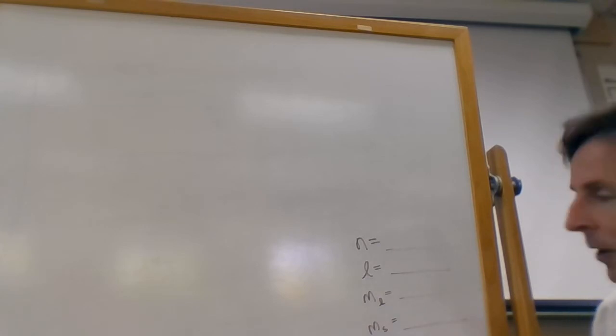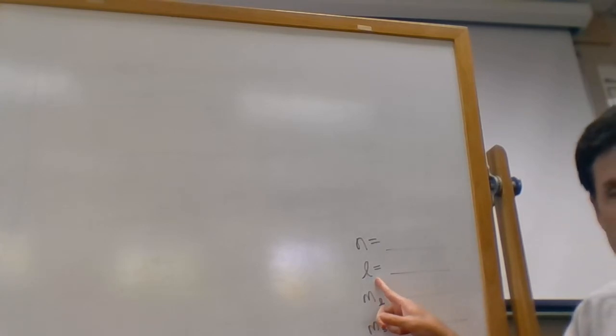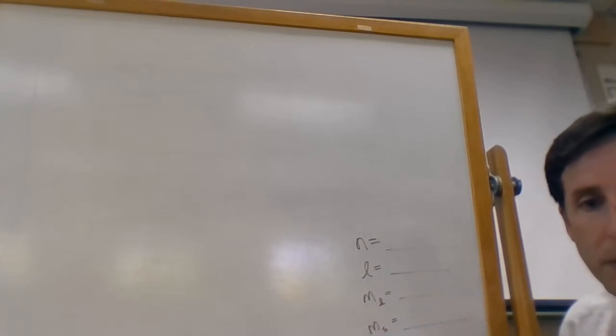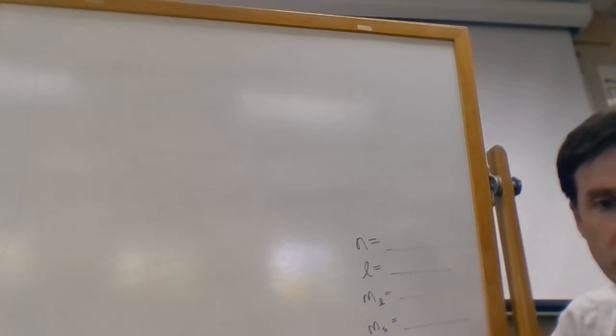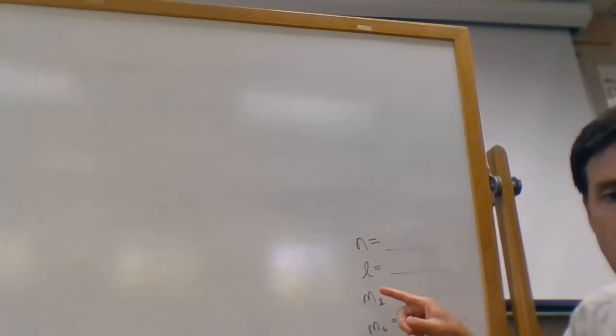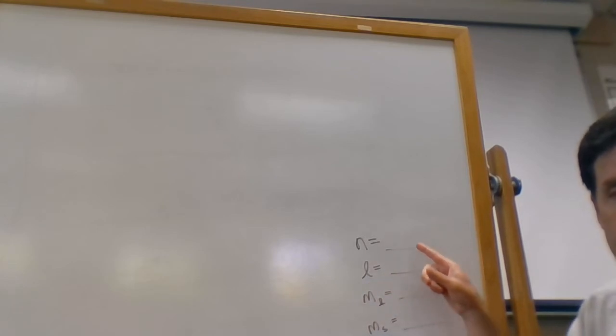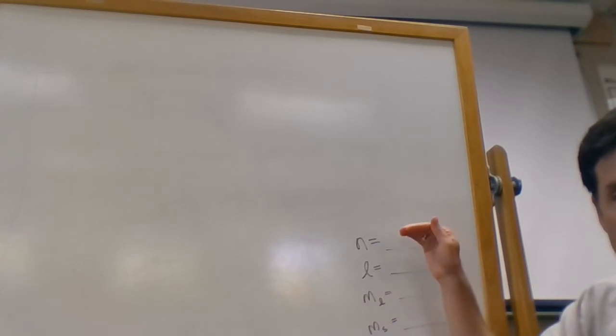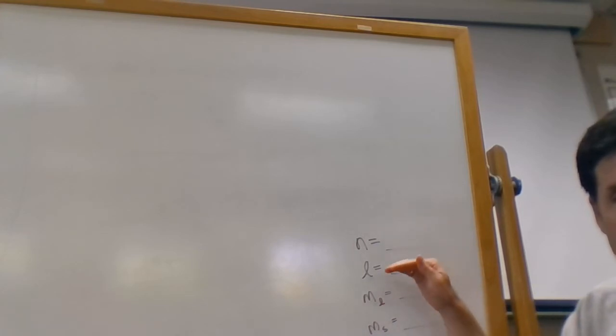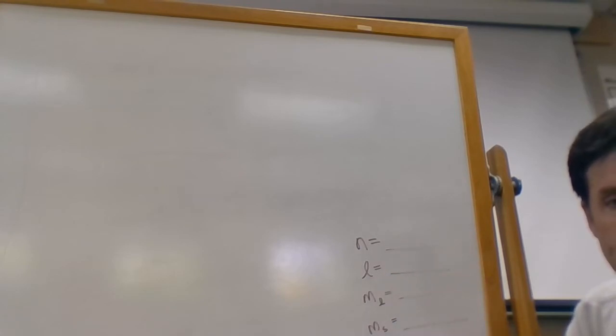Now, L's values, again, it's going to be a whole number, but L can be 0, and L can go from 0 all the way up, but it can never be as big as n. So like if n is 4, then L can be anything up to 3. So L can never be more than n minus 1.